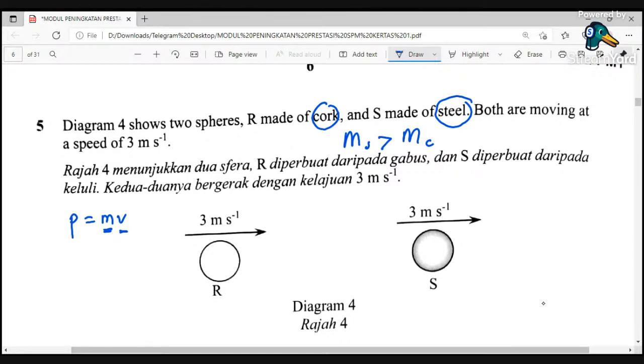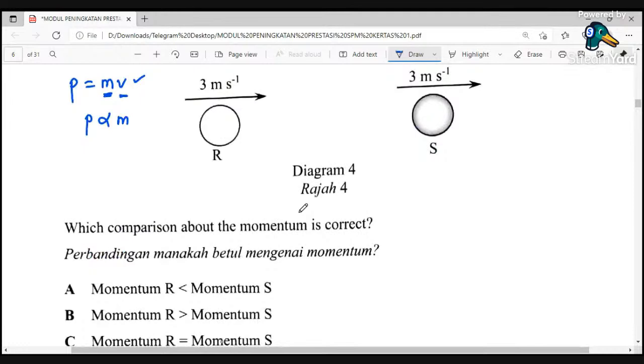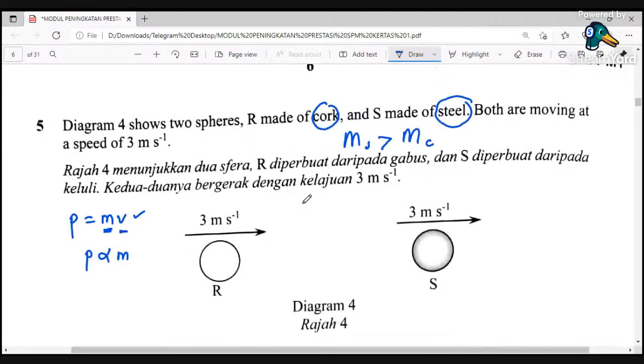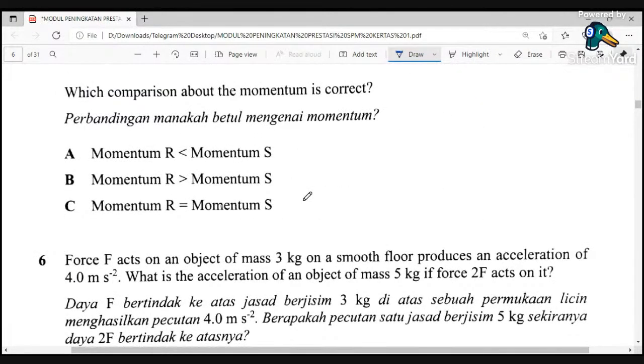For the same value of v, momentum is directly proportional to mass. So in this case, the steel ball has larger mass, thus the momentum of the steel is larger than the momentum of cork. So S is larger. Okay, R is smaller.